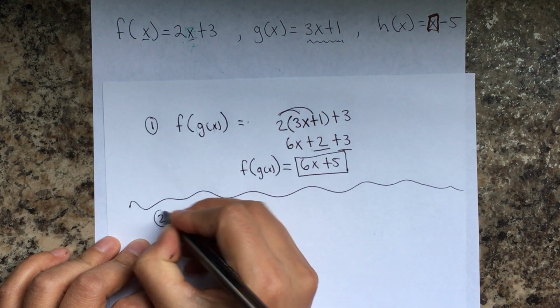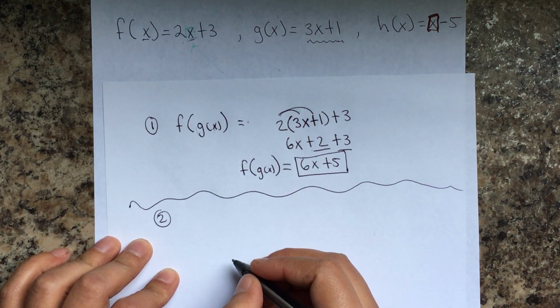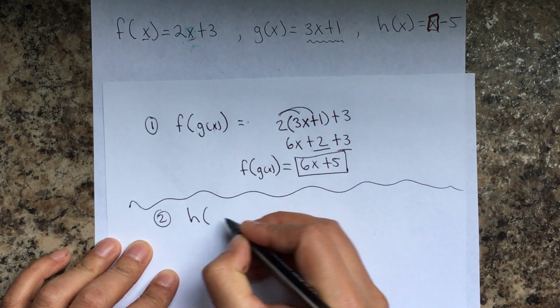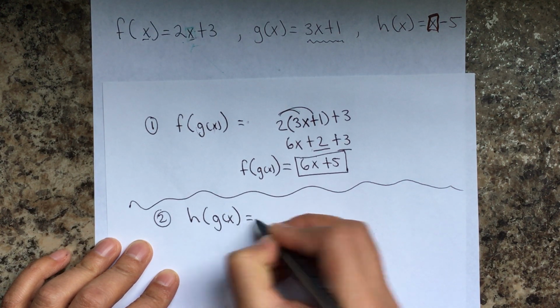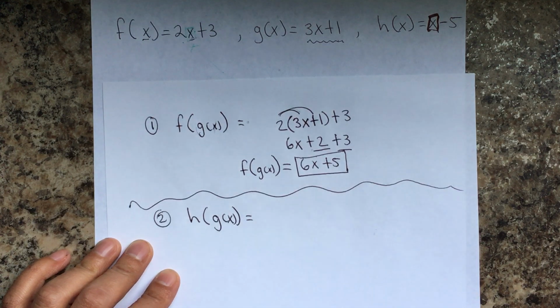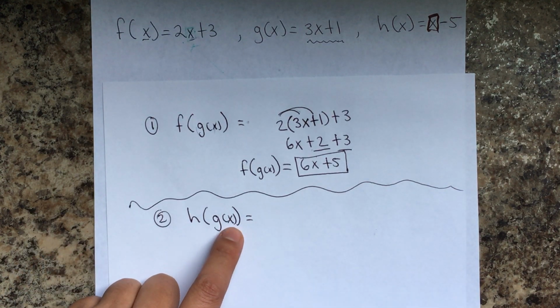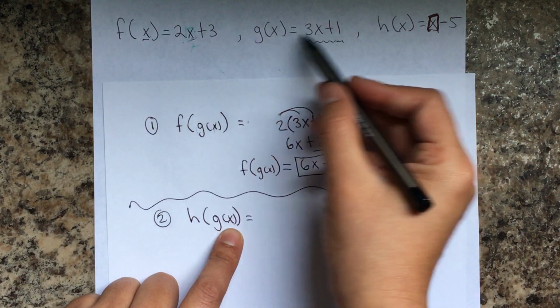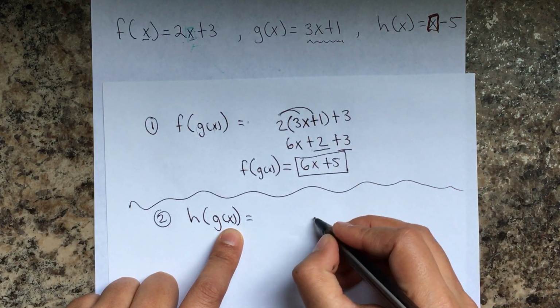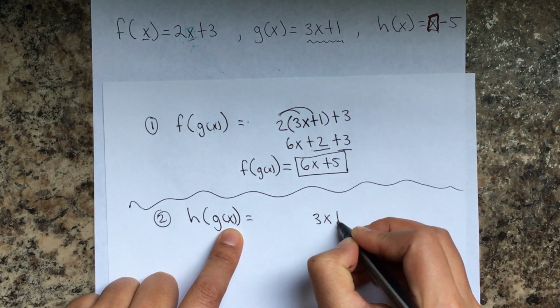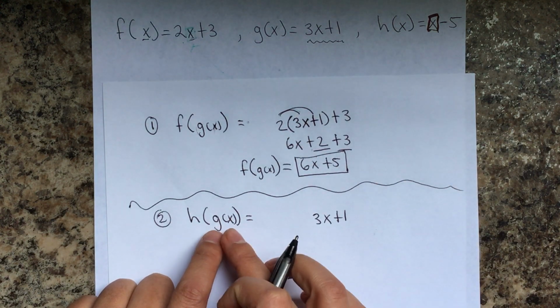So number 2 is going to be h of g of x. Oops, I'm missing a parenthesis right there. So g of x, again, is this right here, 3x plus 1. I always start inside out.